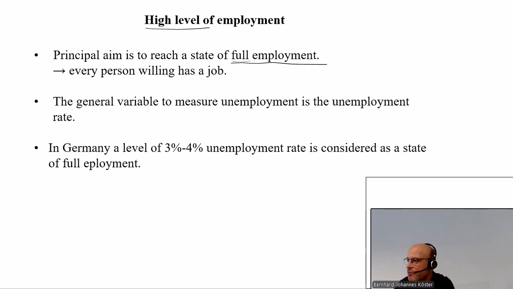But then we have to define what we understand by full employment. Maybe the first idea would be that everybody is in work, so that we have an unemployment rate of 0%.